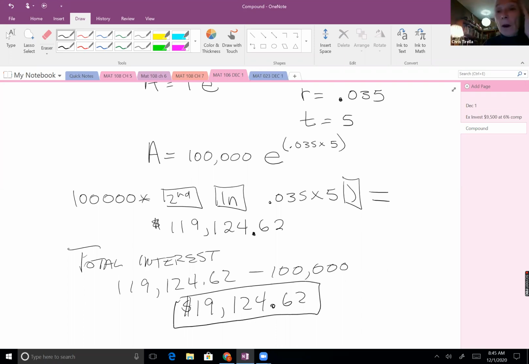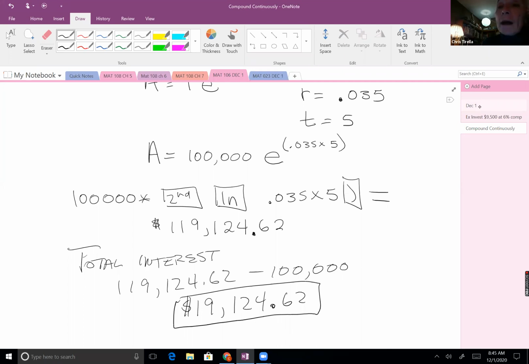You're going to have a formula sheet in Blackboard. I will put it in there before the end of the day today, and you can use it for any test or quiz. Okay, and then the quiz is due on the 3rd, right? Right.